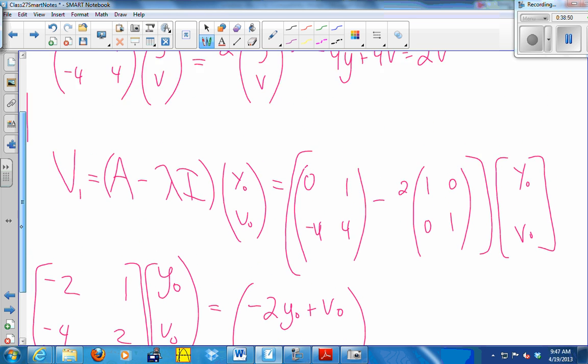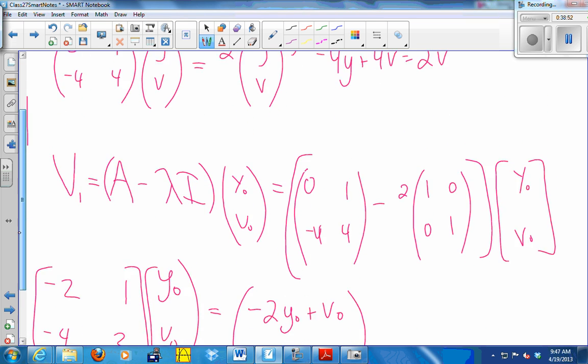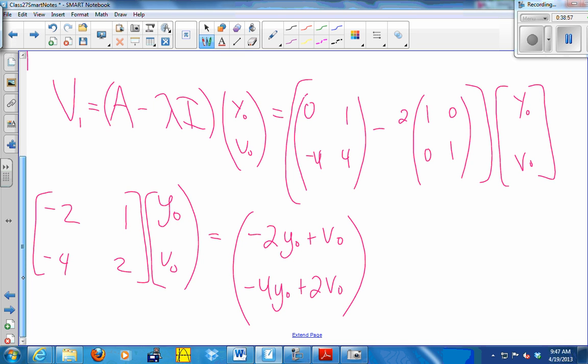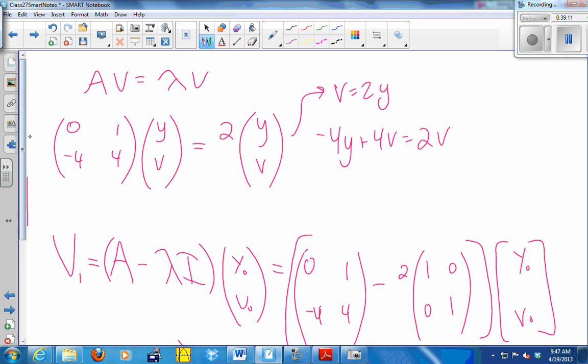Let me take a step back. How do you solve this? What have we been doing? What happens is, when we find an eigenvector associated with an eigenvalue, we always get an infinite number of solutions.